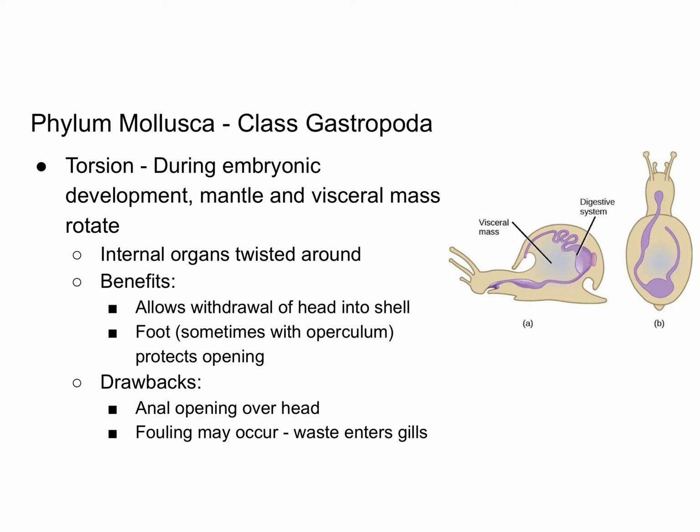So the gastropods get their name. Remember, gastro means stomach, and poda means foot. And they get their name because of something that happens during embryonic development known as torsion. And what happens is that essentially the back half of the animal gets twisted 180.